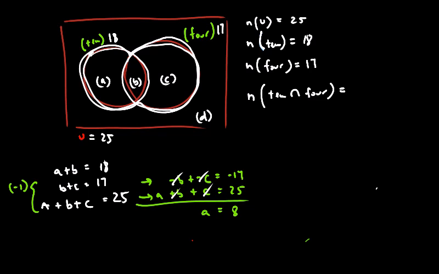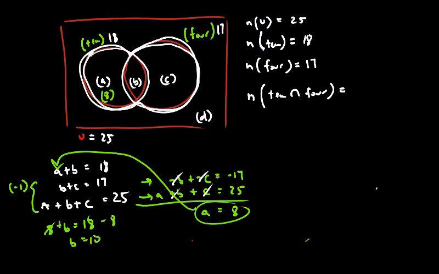Good, we're making some progress now. So this is going to be 8 here. Now we can start plugging some values in. If A equals 8, let's find out what B is. So 8 plus B equals 18. We subtract the 8, and we find that B equals 10.